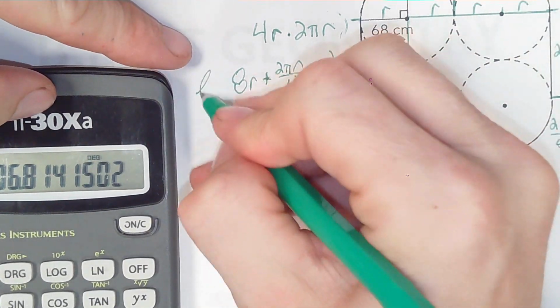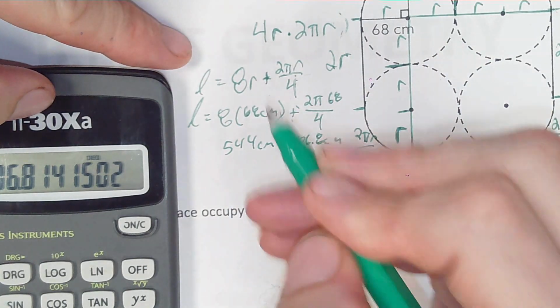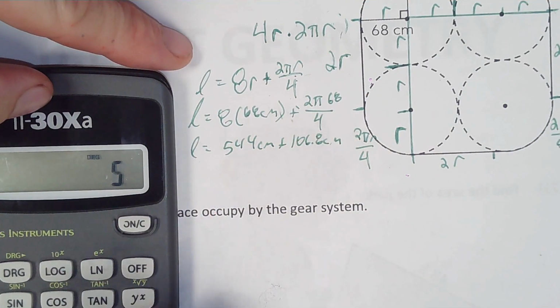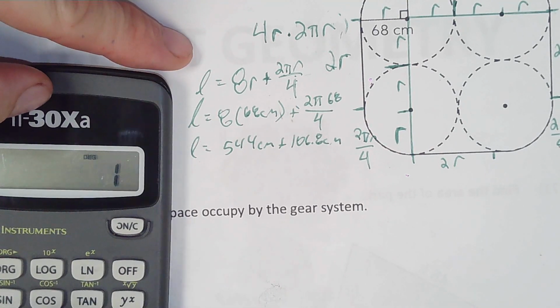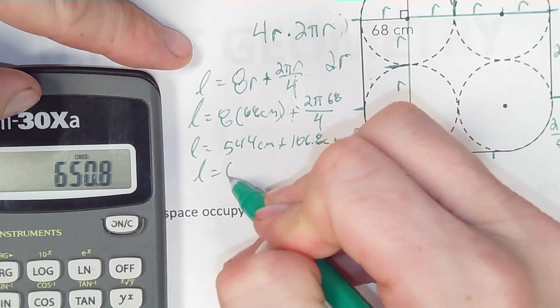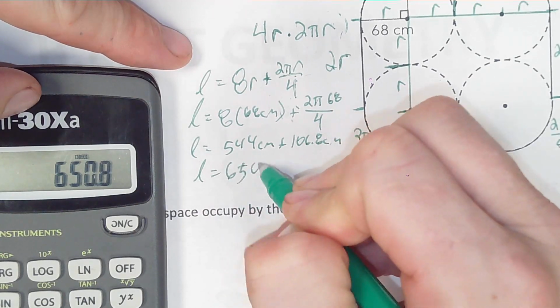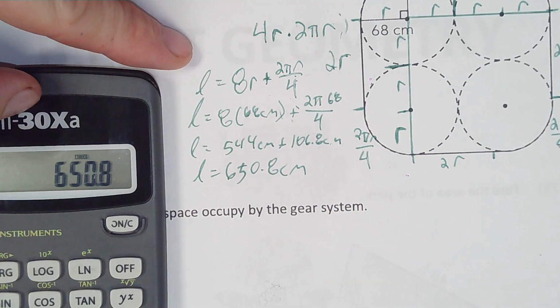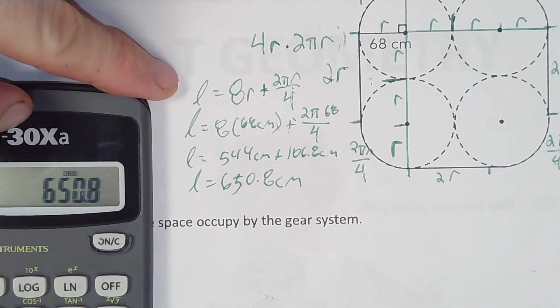This is the length: 544 plus 106.8 equals 650.8 centimeters. Let me look this over and see if I made any mistakes.